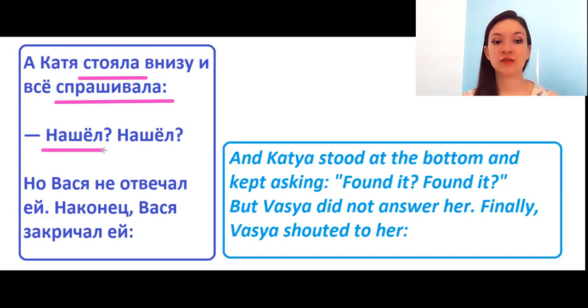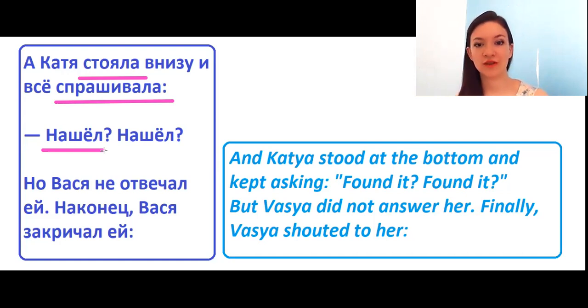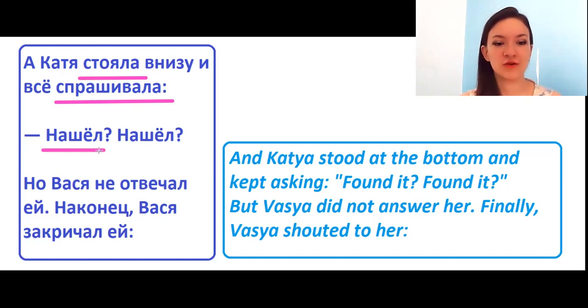Нашел. It is perfective verb aspect because this girl Katya, she was interested in the result, if he found the cat and kittens or not. Нашел, perfective. Но Вася не отвечал ей.